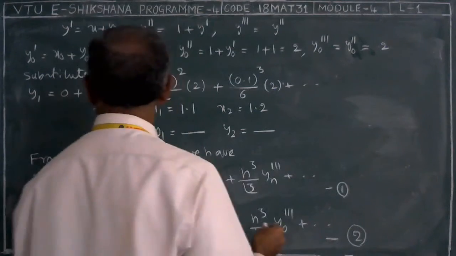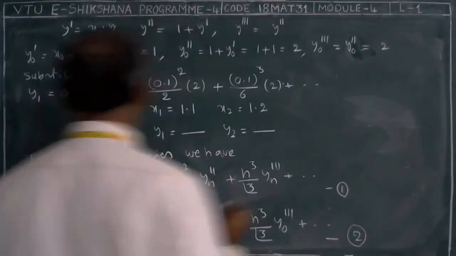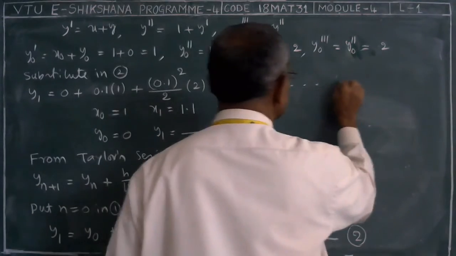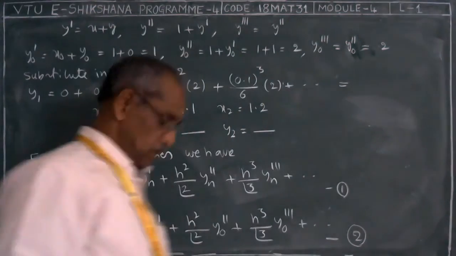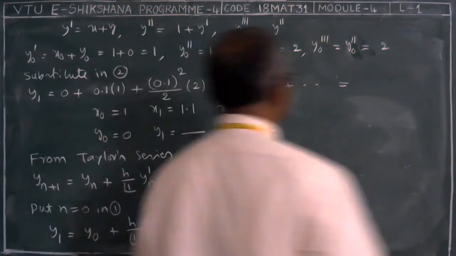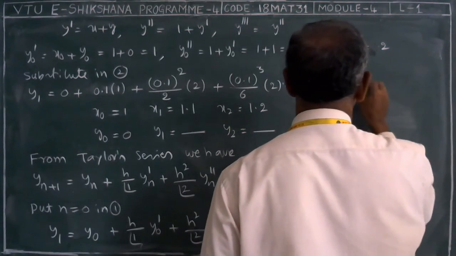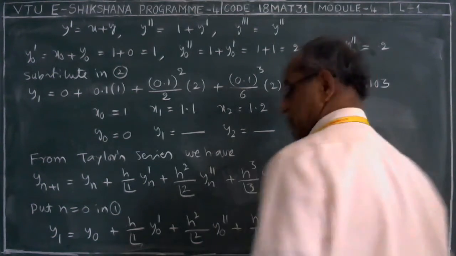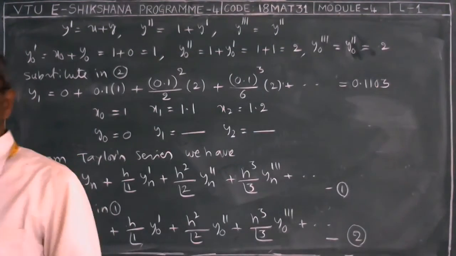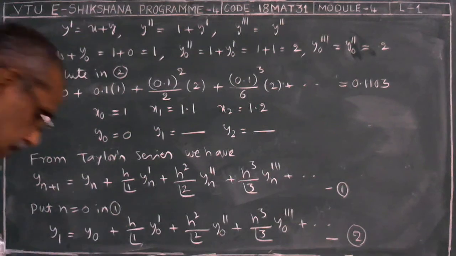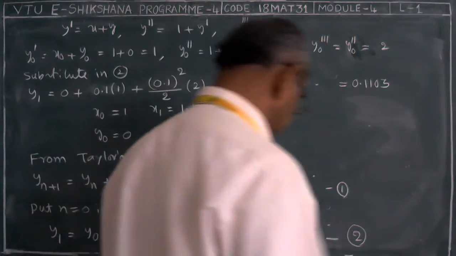If you compute this using calculators, what do you get? 0.1103. Use your calculators, don't do it manually. So the value of y at x is equal to x1, that is 0.1, is 0.1103.